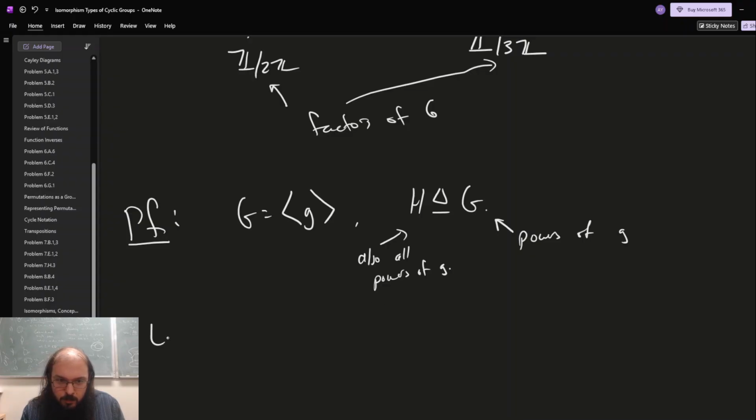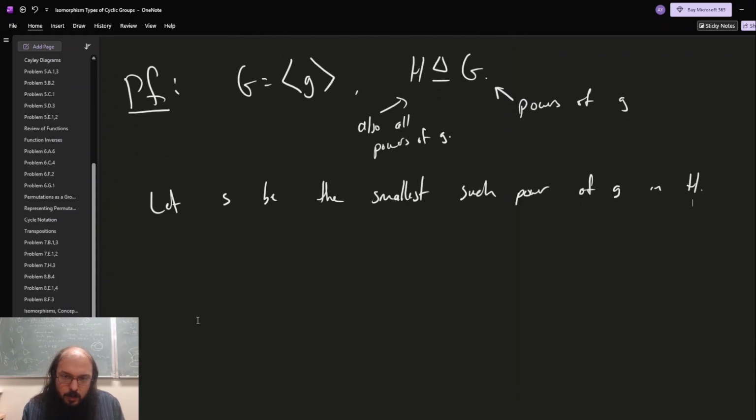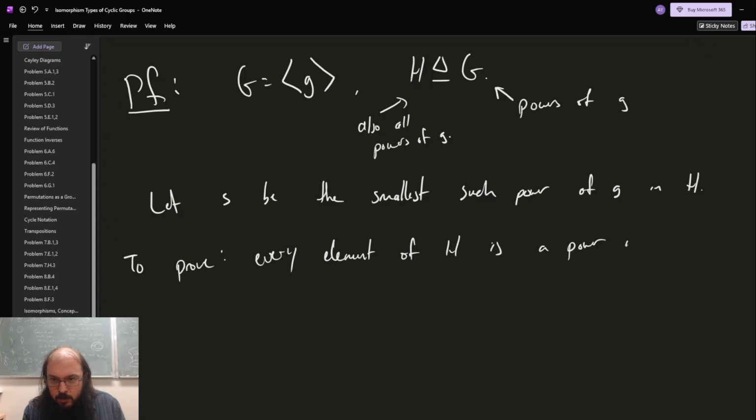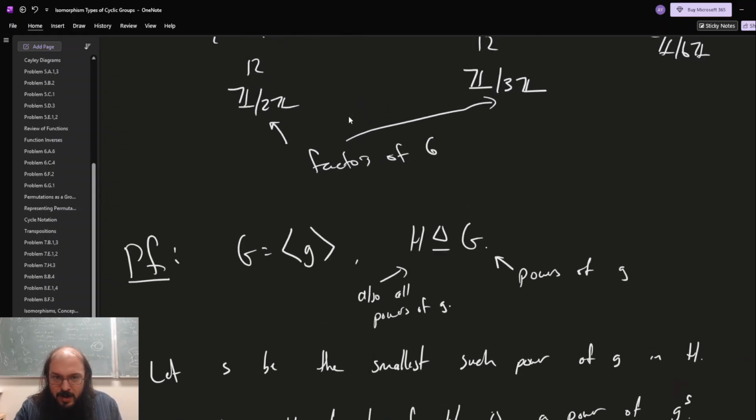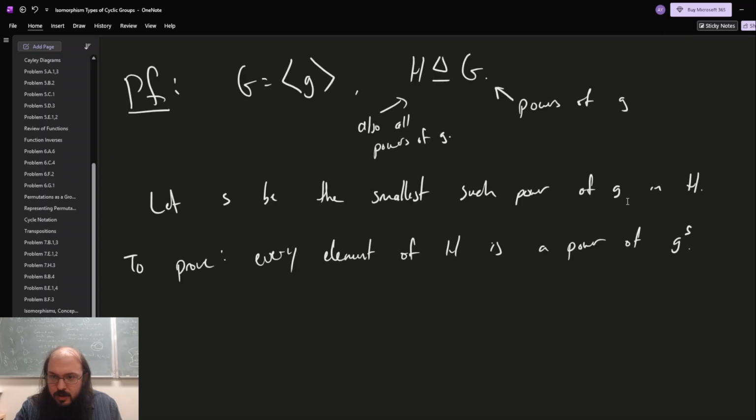Therefore, let s be the smallest such power of g in H. Okay, so now what we have to prove is every element of H is a power of g to the s, right? In this example, every element is a multiple of whatever that smallest thing is.